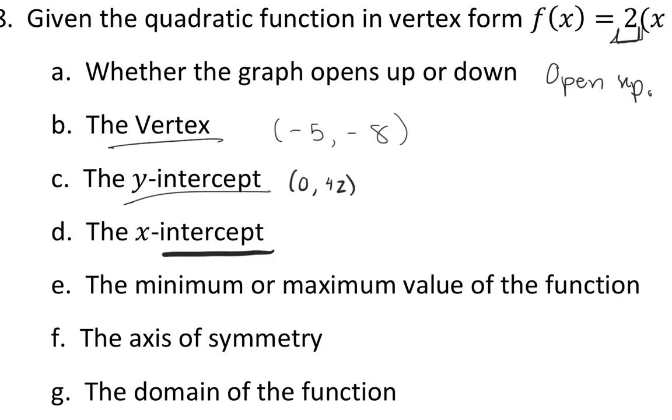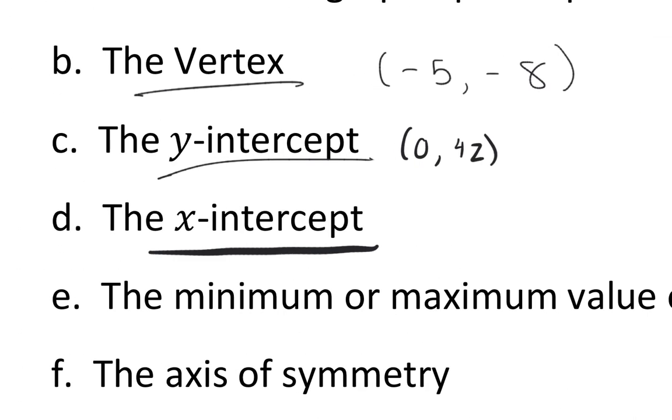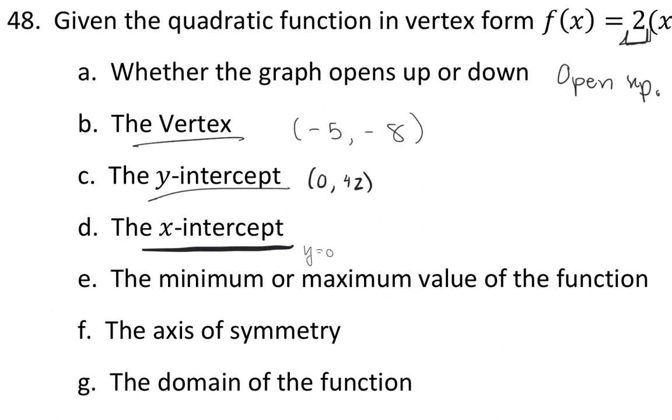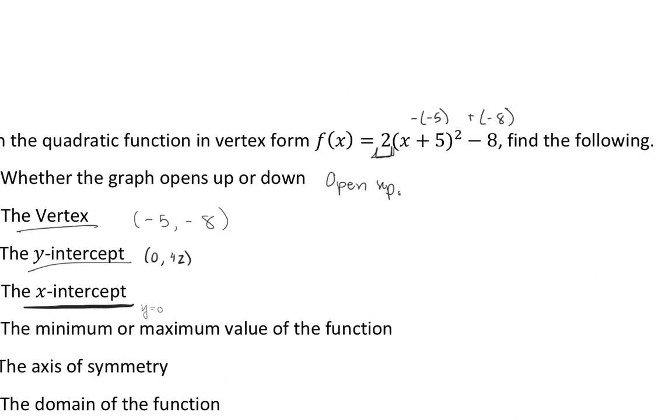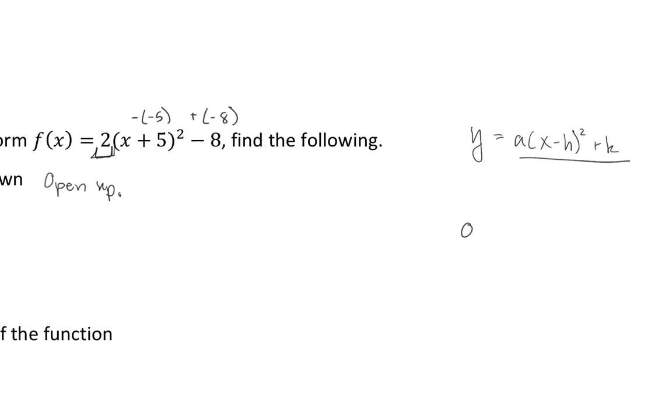Moving on to the x-intercept, that is just going to be when y is equal to 0. Something that's interesting about parabolas is that we can have up to 2 x-intercepts, right? So 0 is equal to 2 times x plus 5 squared minus 8.